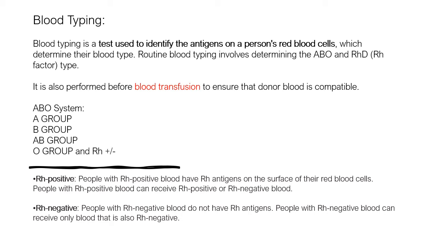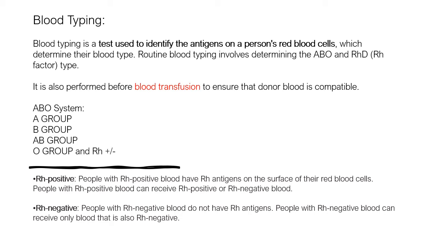Now we will see what the Rh factor is. Rh positive means people with Rh positive blood have Rh antigens, and that's why we write it as Rh positive. These people can receive both Rh positive and Rh negative blood. They don't have any problem.